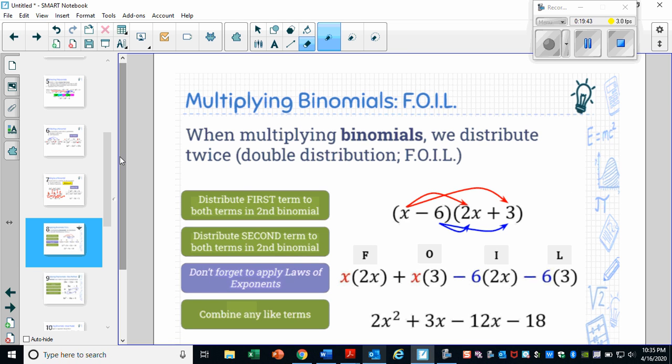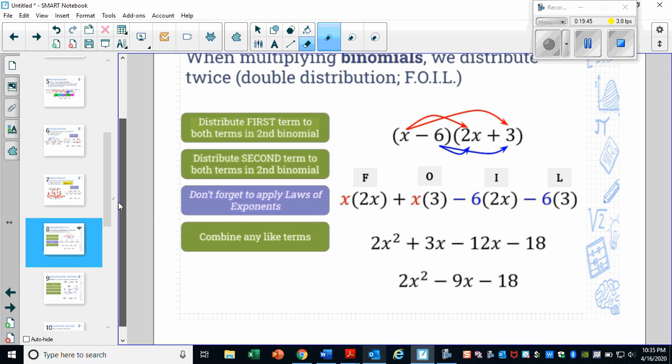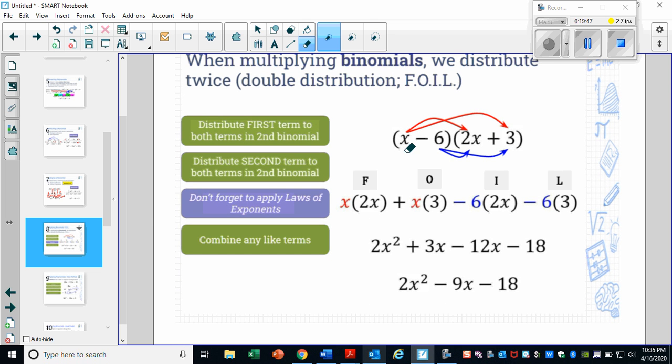Now, multiplying binomials. x minus 6 times 2x plus 3. One way to do it is you can distribute the first term to each term within the second set of parentheses. So we have x times 2x, and then x times positive 3.